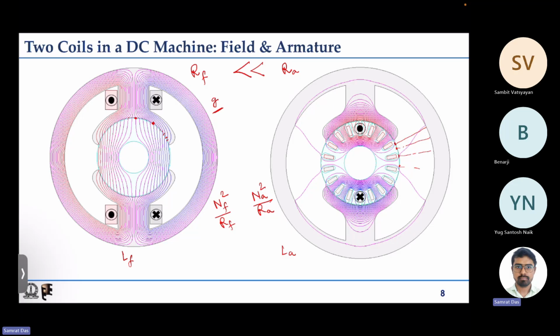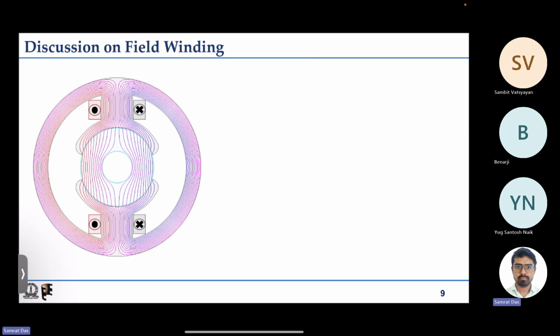Even then, this relationship tells us that Rf is very low compared to Ra. That means 1 by Rf is very high compared to 1 by Ra. That tells us that the inductance of the field winding is always very high compared to the inductance of the armature winding, even if we consider the number of turns to be reasonably the same.